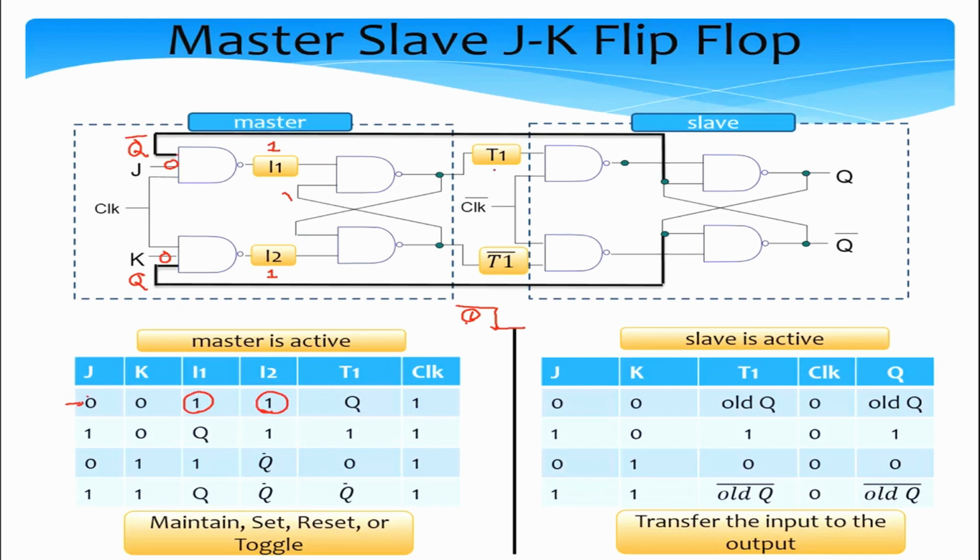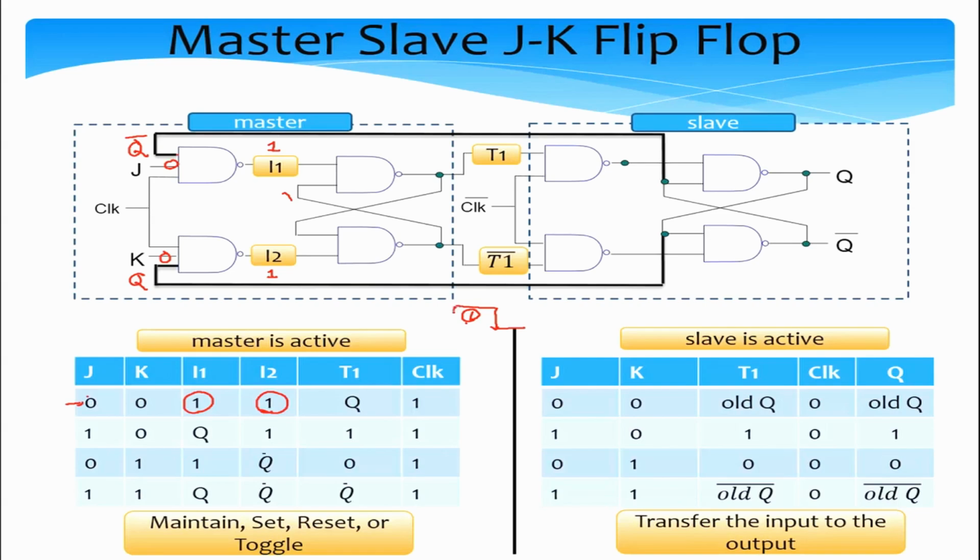So what value was there? The old value of T1. T1 is essentially what we're using to label the value at this wire. It's not a separate structure. So what was the old value of T1? The old value of T1 was the same as Q, right? Basically whatever was in Q was in T1. Let's just consider what happened before this clock cycle.